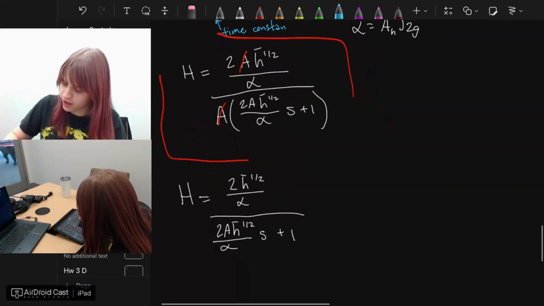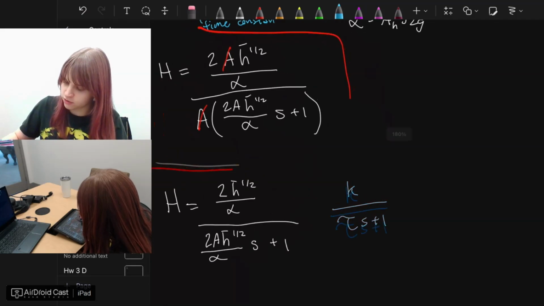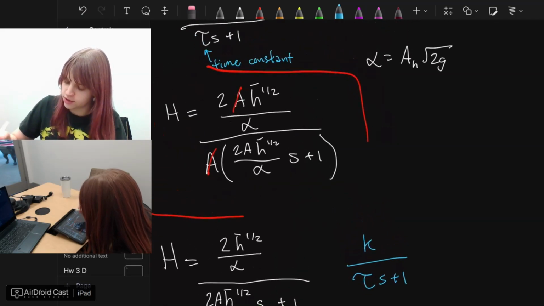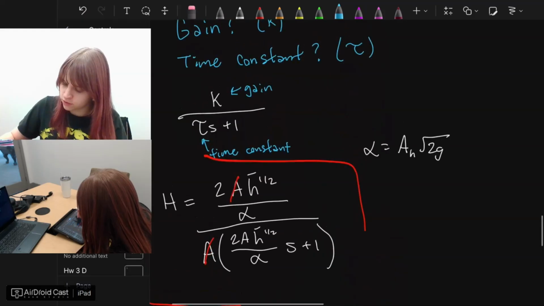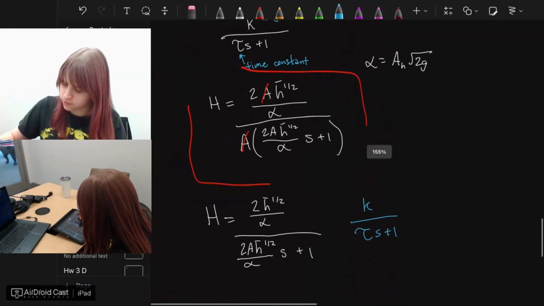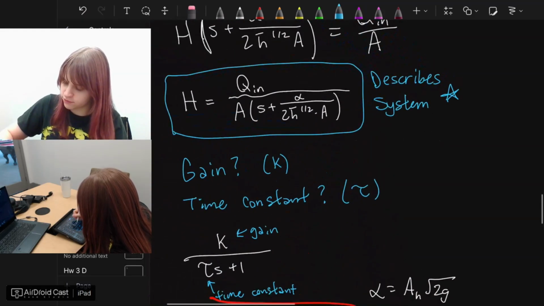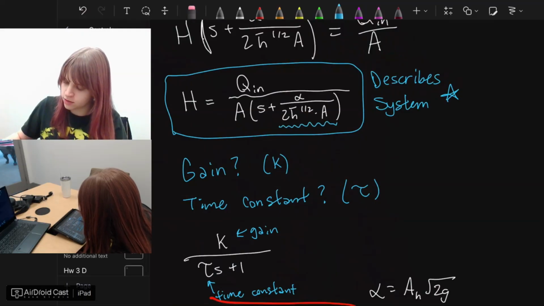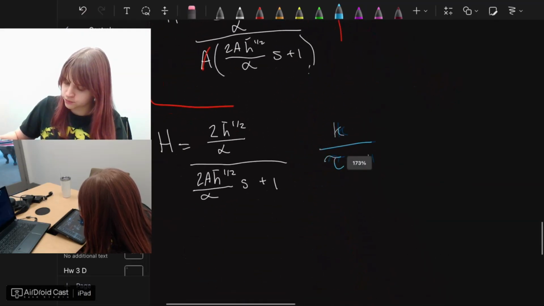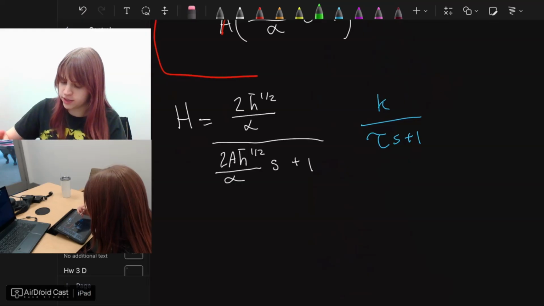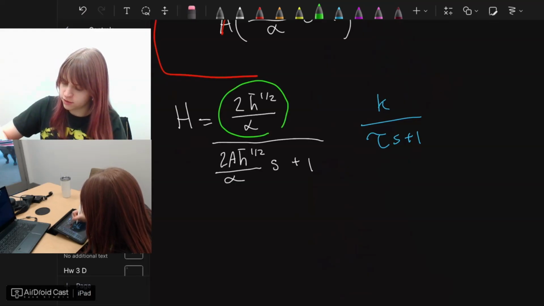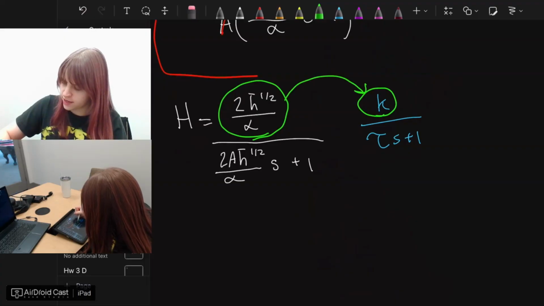And now we're in that form that looks like this, because we got rid of this term. And now we can say that this is our gain, and this is our time constant.